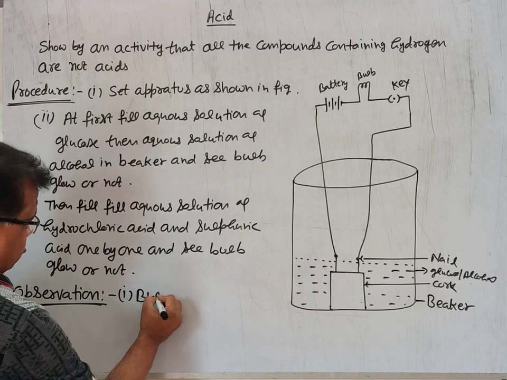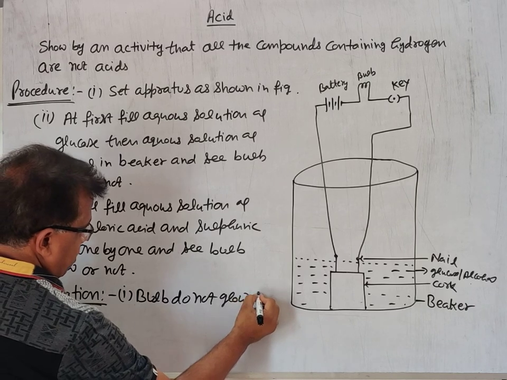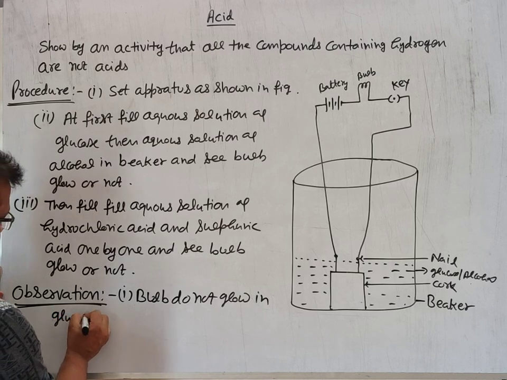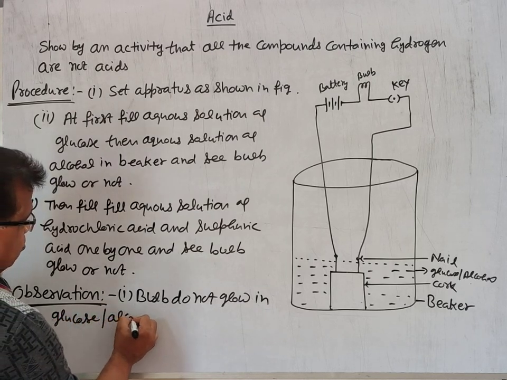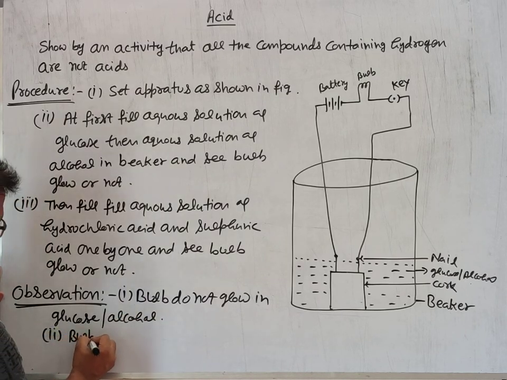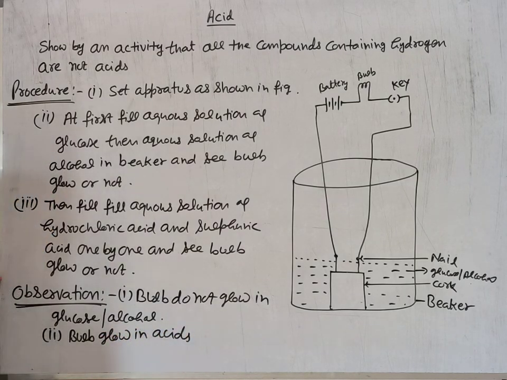The bulb does not glow in glucose or alcohol, while the bulb glows in acids, whether it is sulfuric acid or hydrochloric acid. So when we perform this activity, we saw that in the first case, when we fill the beaker with glucose and alcohol, the bulb does not glow, while when we fill with acid, the bulb glows.